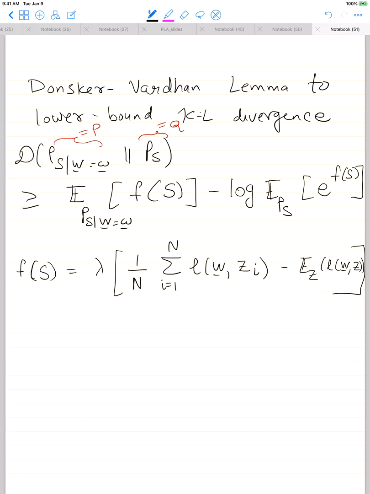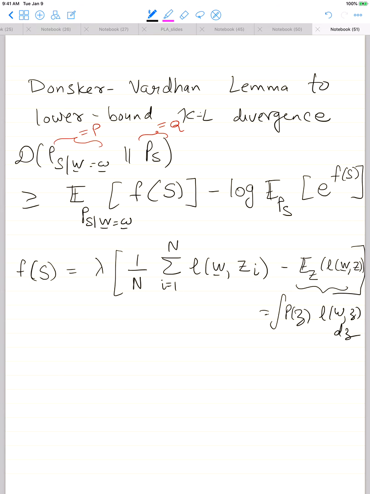So for a fixed W, we are taking the loss of W and Z, which is like a fresh sample. Z is not dependent on W. So remember, this is by definition the integral of PZ L of W Z dZ.